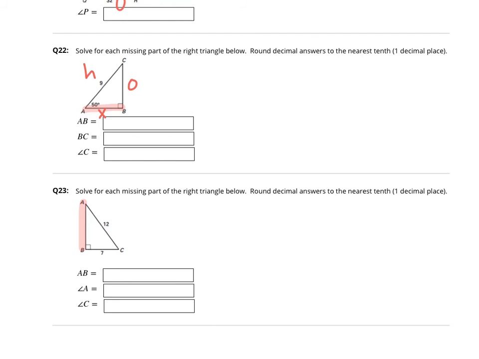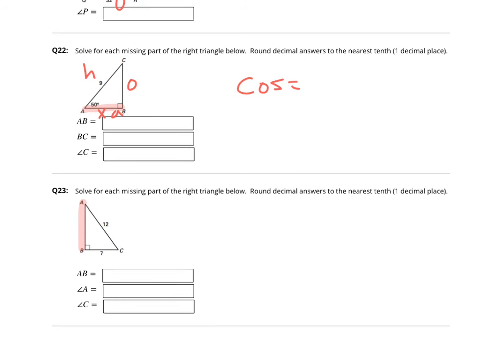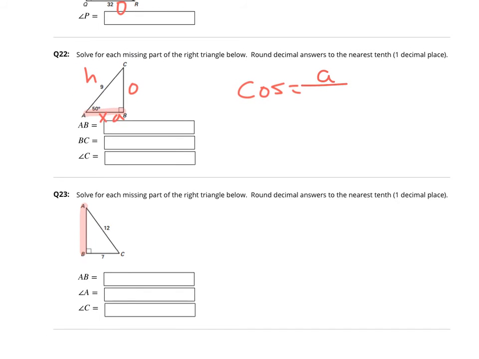There's my hypotenuse. This would be the adjacent. Since we have the hypotenuse and we're dealing with the adjacent, you're going to want to use cosine because it's adjacent over hypotenuse. So set that up. That's how you're going to figure out how long AB is.